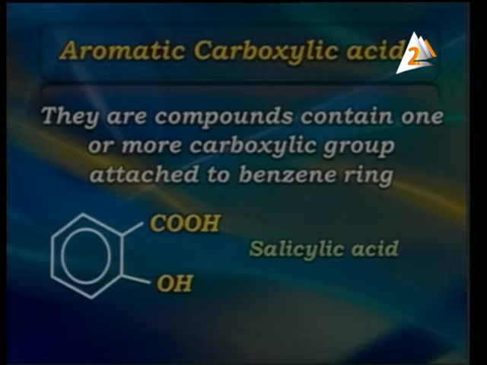After that, we have salicylic acid. It's something new. We have one carboxylic group, and another group here called a hydroxyl group. The hydroxyl and carboxylic groups are attached together to the benzene ring.